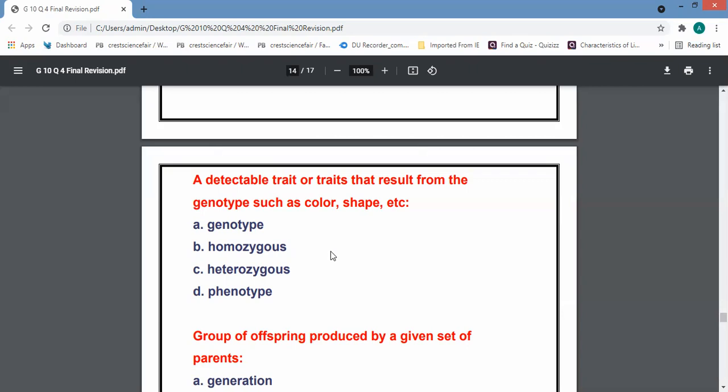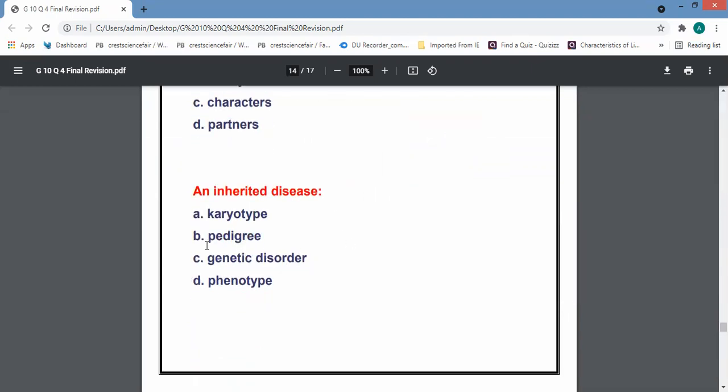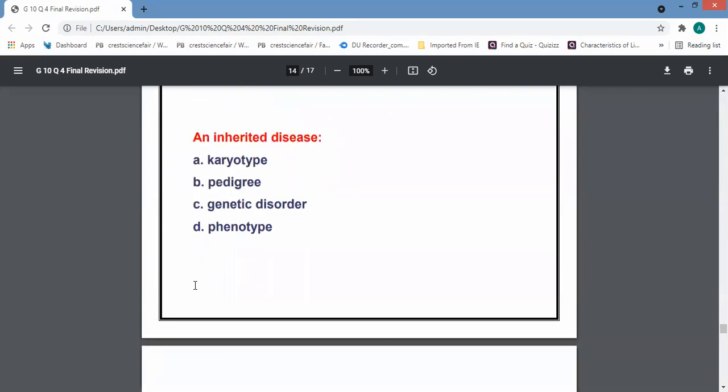A group of offspring produced by a given set of parents. Generation. An inherited disease. Genetic disorder.